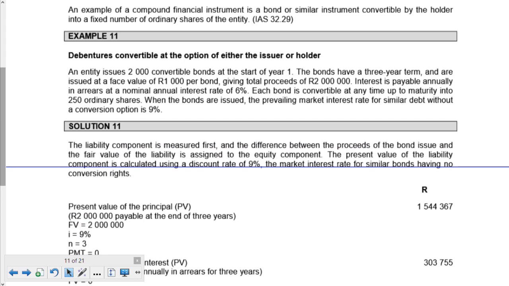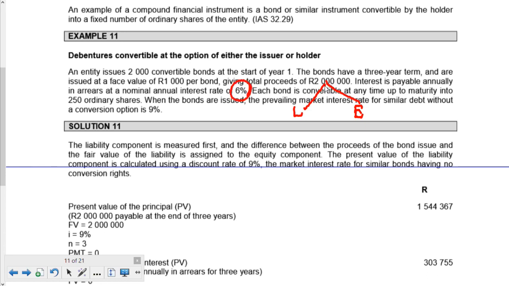The bonds have a 3-year term, and they're issued at a face value of R1 million per bond, giving proceeds of 2 million. So do you agree that 2 million is what I'm getting as cash in the beginning? So this 2 million is what I need to split into the liability component and the equity component. Interest is payable annually in arrears at 6%.